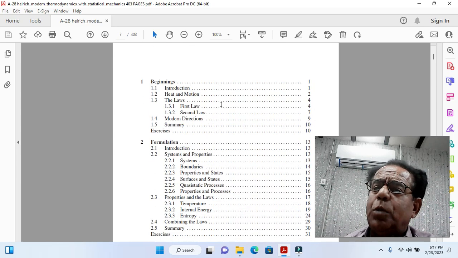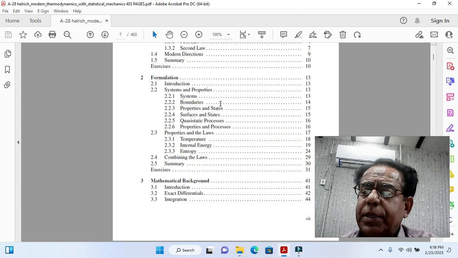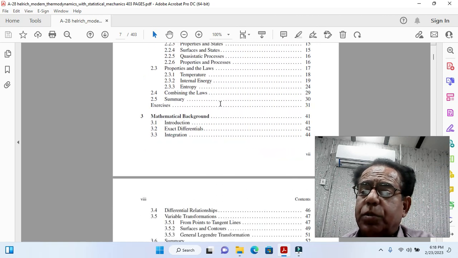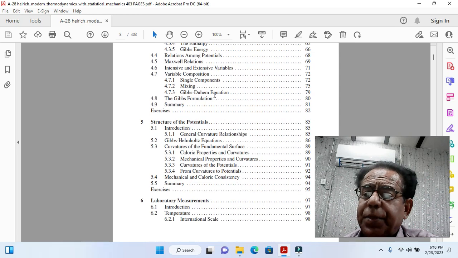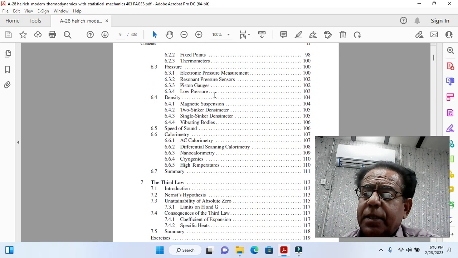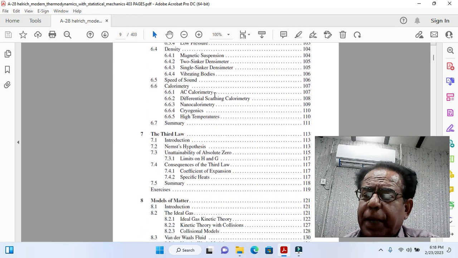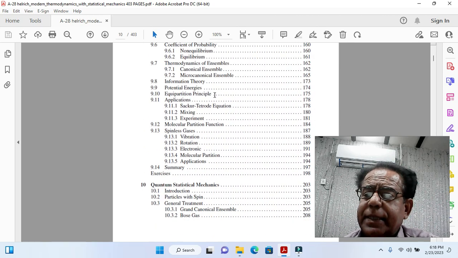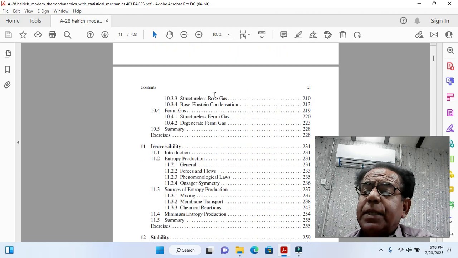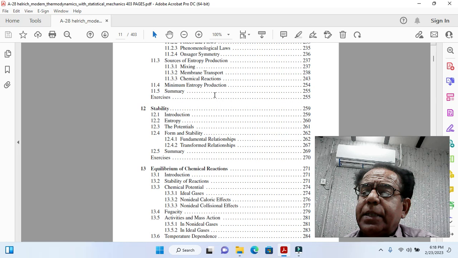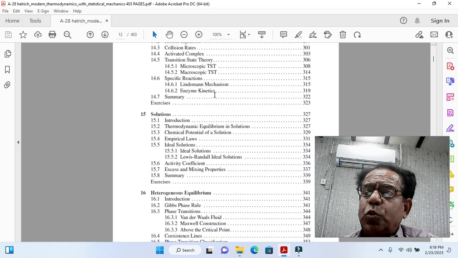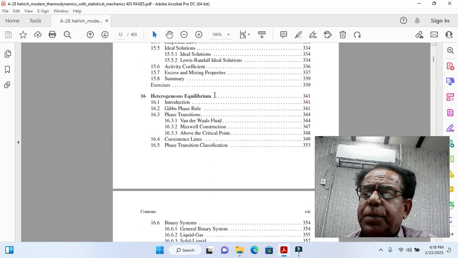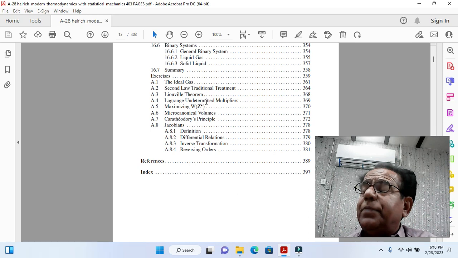Beginning, formulation, mathematical background, thermodynamic potentials, structure of the potentials, laboratory measurements, the third law, models of matter, statistical mechanics, quantum statistical mechanics, irreversibility, stability, equilibrium of chemical reactions, chemical kinetics, solutions, heterogeneous equilibrium, summary, and then the index is given at page number 397.